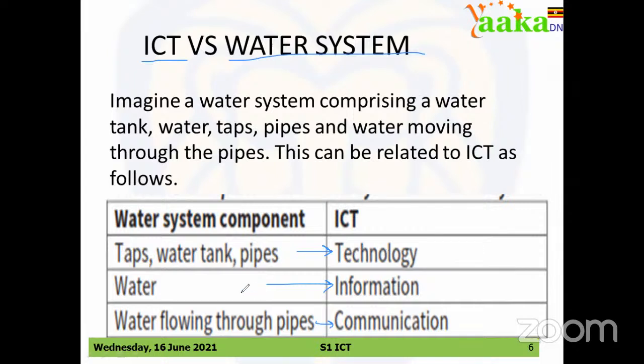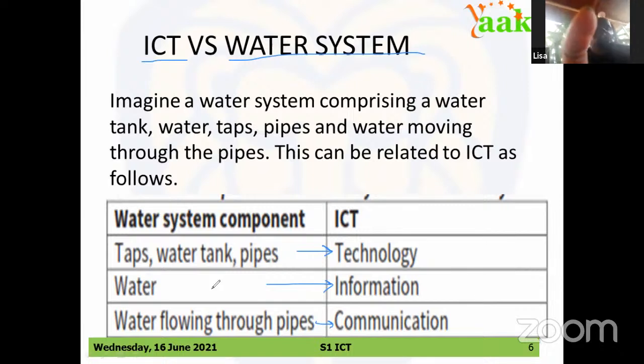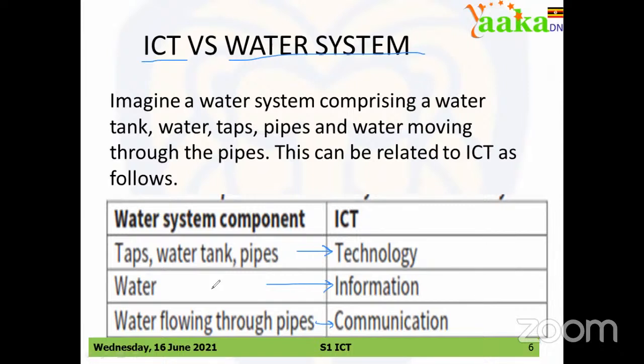Then when you look at water flowing from source to destination, that is information. Because if we have pipes and taps without water inside there, there is no information, there is no communication, because water is not there. So the word ICT wouldn't be complete because water, the major component, is not there.